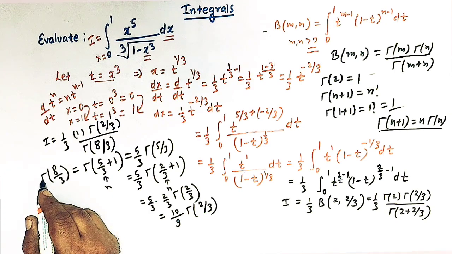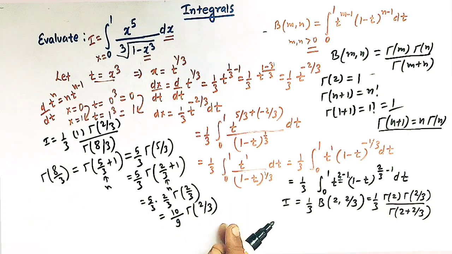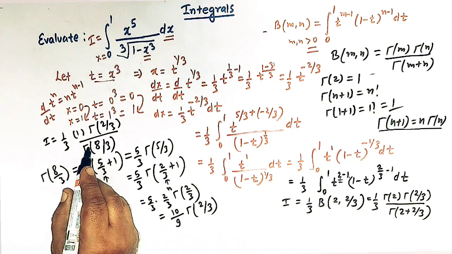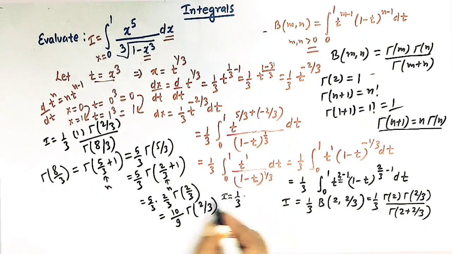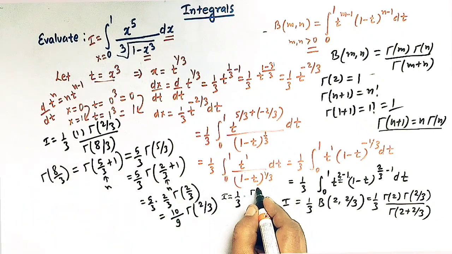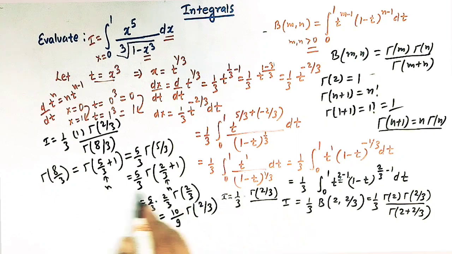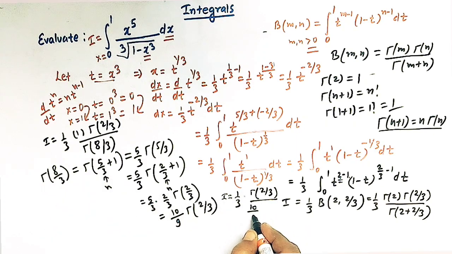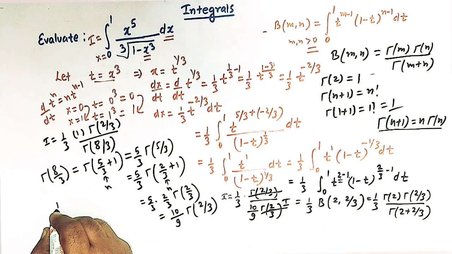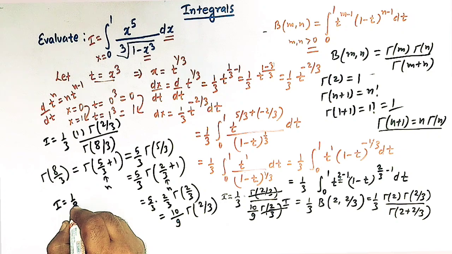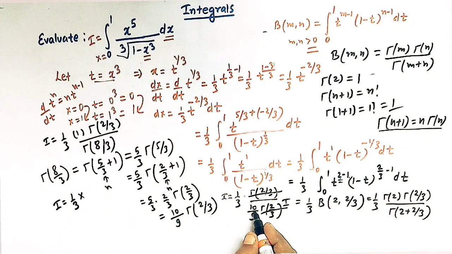So now substituting this value of gamma 8 over 3 as 10 over 9 times gamma 2 over 3 in this expression, I is now equal to 1 over 3. This is 1, and we have simply gamma 2 over 3, and this is 10 over 9, gamma 2 over 3. Now these two terms get cancelled, and we are left with 1 over 3 times, here we have in the denominator 10 over 9.